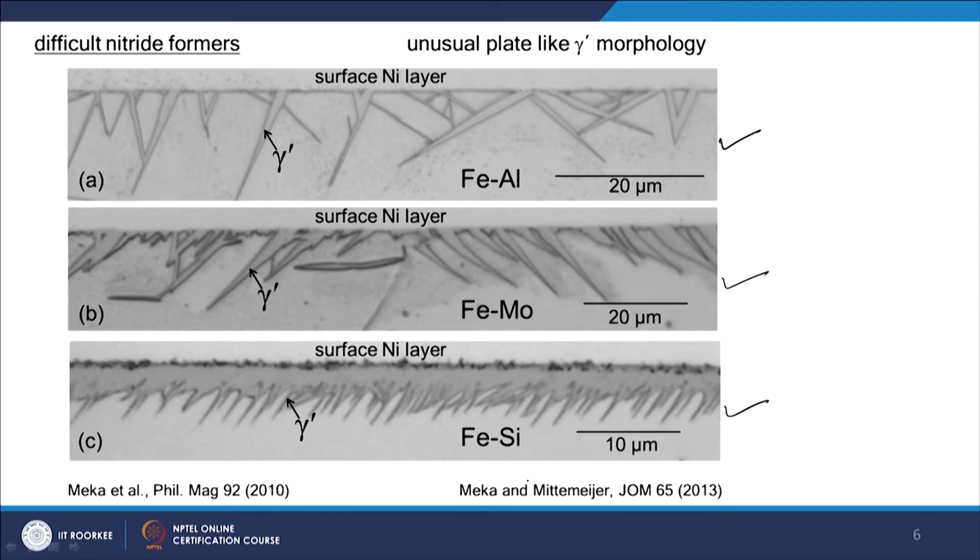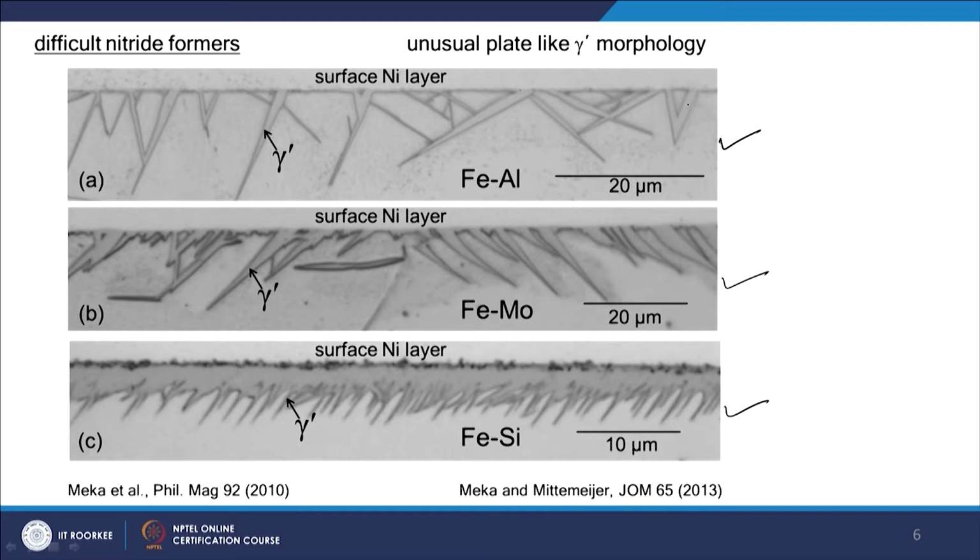So, we have a very drastic difference in the way iron nitride is growing during nitriding. In the case of other alloys it grows like a layer, but here it is growing in a very unusual shape. So, it is very difficult to conceive why such a growth of iron nitrides occurs.